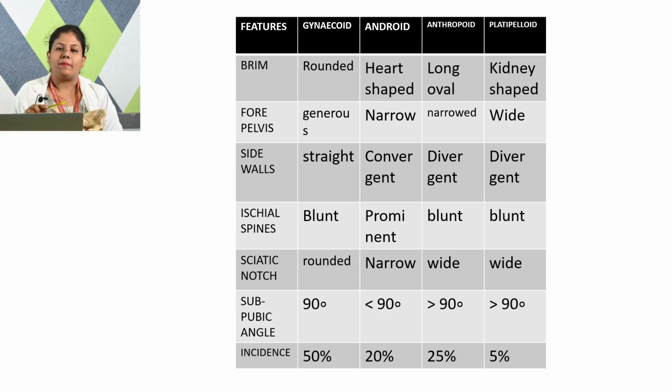Then is the anthropoid pelvis. The brim of the anthropoid pelvis is long oval.